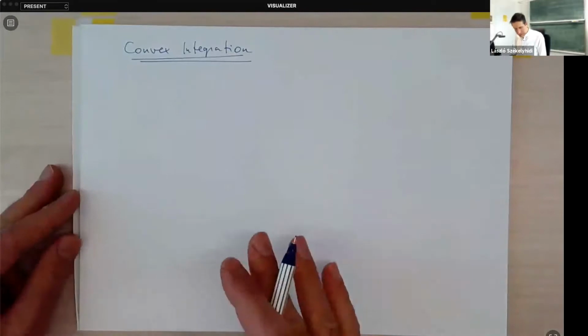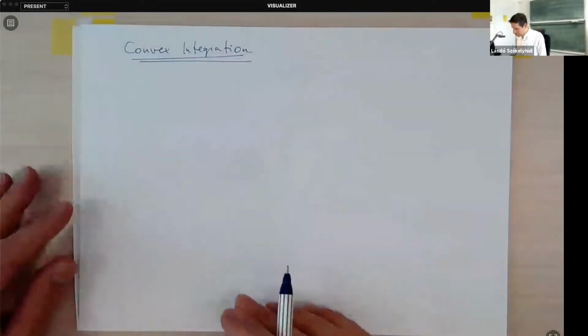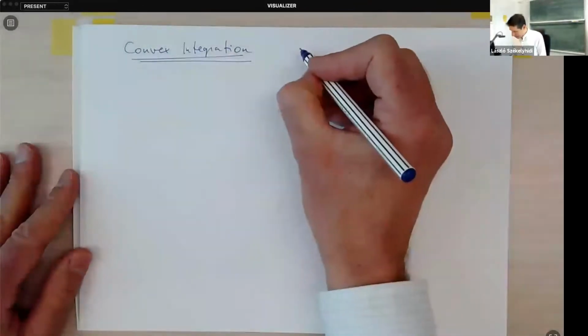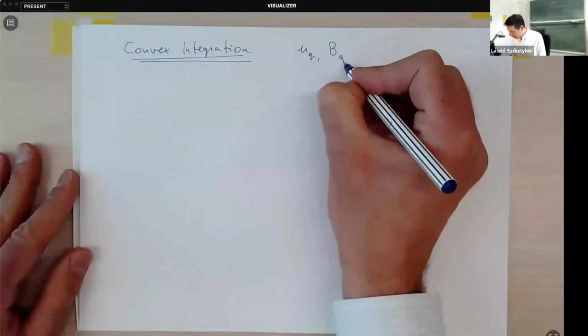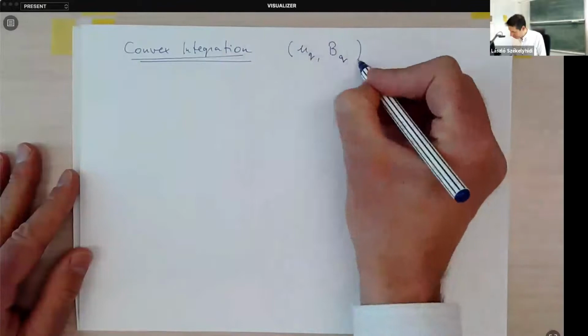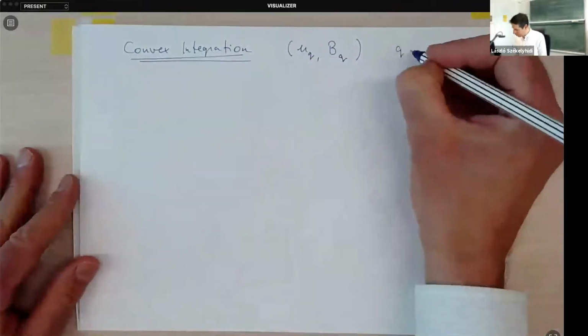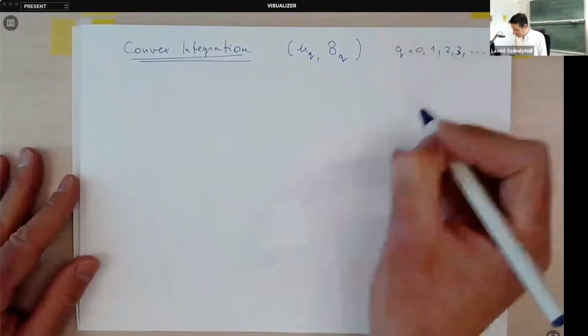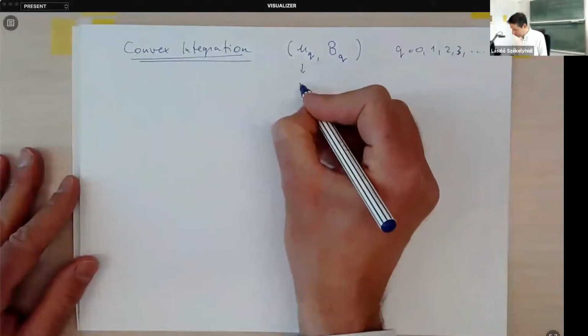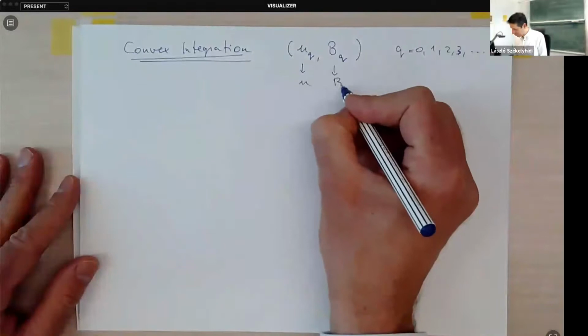So roughly speaking, in a nutshell, convex integration is an iterative technique, and at each step, you have some kind of approximation, U_q and B_q. You start and try to construct inductively this sequence so that they converge, strongly, to a true solution.